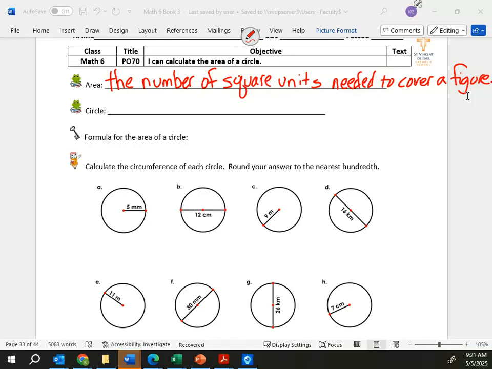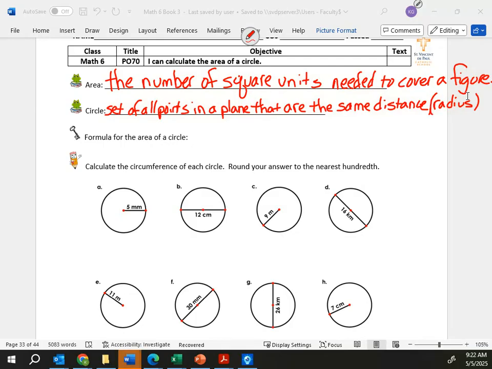Then we have our circle, which is the set of all points in a plane that are the same distance, which would be the radius, from the center.